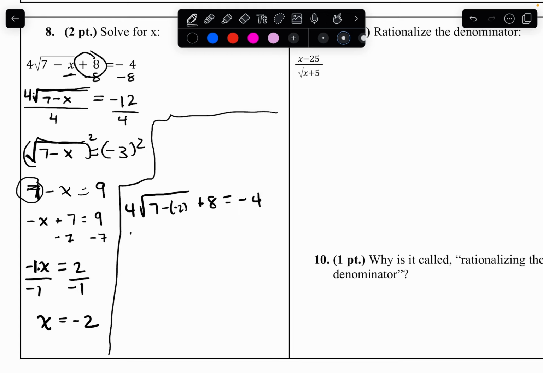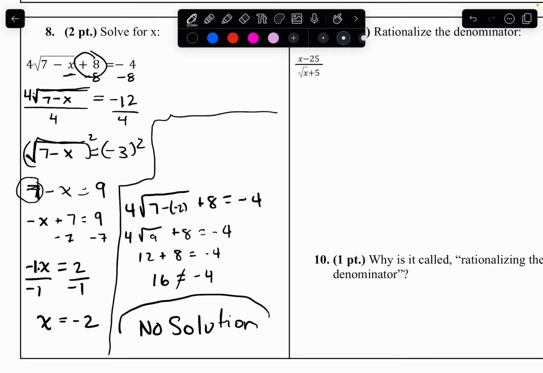Okay, 7 minus -2 is 9. 4 times the square root of 9. Isn't the square root of 9 just 3? So 4 times 3 is 12. And 12 plus 8 is 20, and 20 is in fact not equal to -4. So there is actually no solution to this problem. Sad.